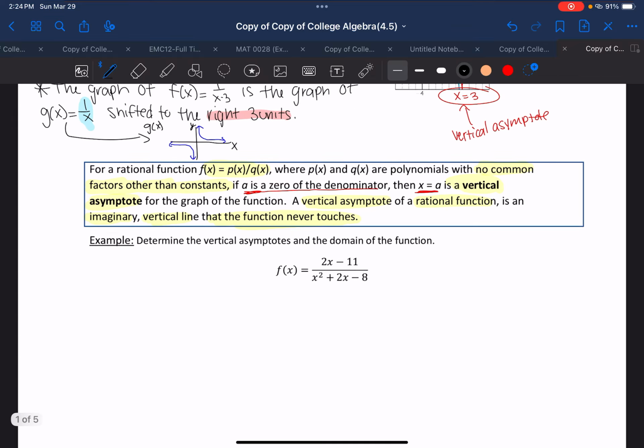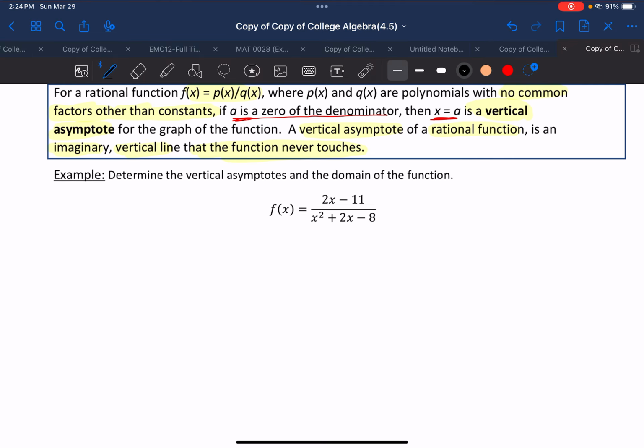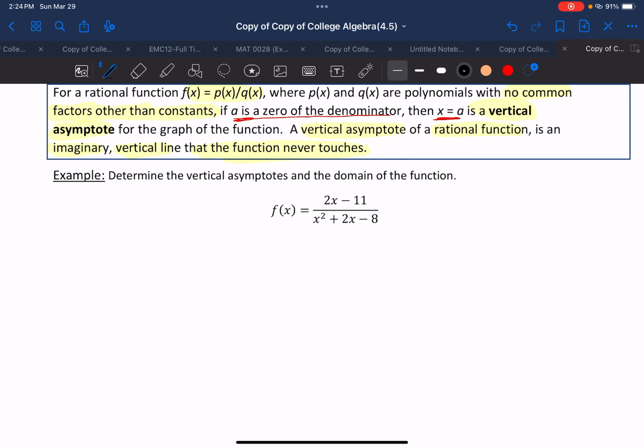So let's do an example here. It says determine the vertical asymptotes and the domain of the function. So first, let's find the vertical asymptotes. For rational functions, they can have more than one vertical asymptote.